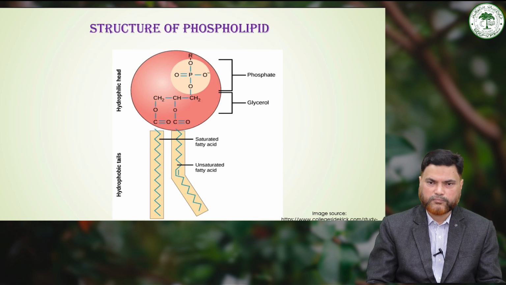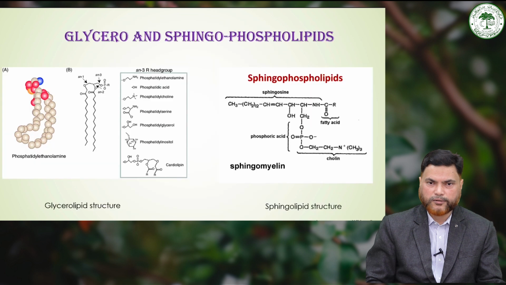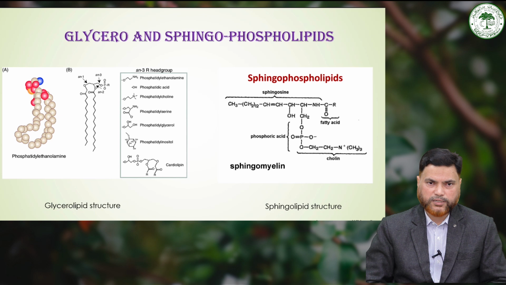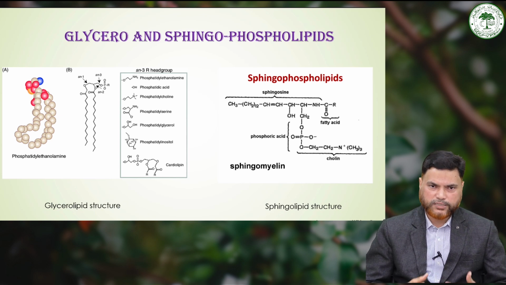There are two types of phospholipids, namely glycerophospholipids and sphingophospholipids, which we will discuss in detail.